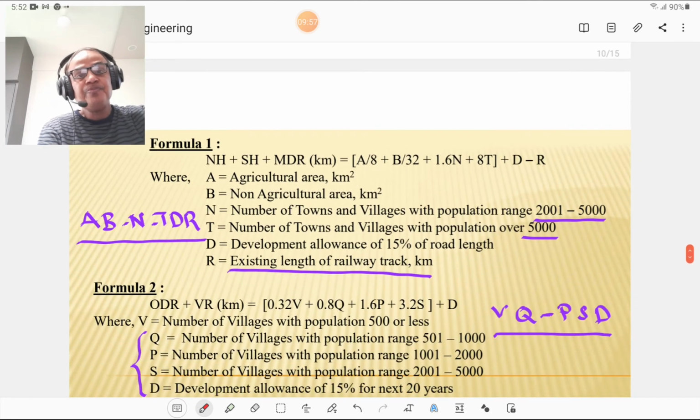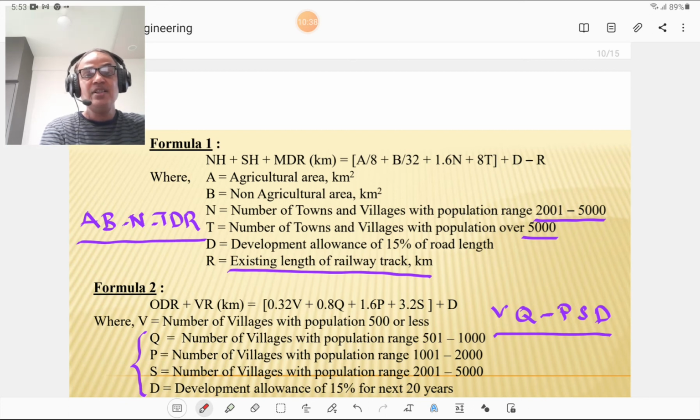These 2 formulas are elaborated as under. The first formula is NH plus SH plus MDR in kilometers is equal to (A/8 plus B/32 plus 1.6(N plus 8T)) plus D minus R. What is A? A is the agricultural area in square kilometers, B is the non-agricultural area in square kilometers, N is the number of towns and villages with population ranging from 2001 to 5000, T is the number of towns and villages with population over 5000, D is the development allowance of 15% of road length, and R, which is subtracted, is the existing length of railway track in kilometers.